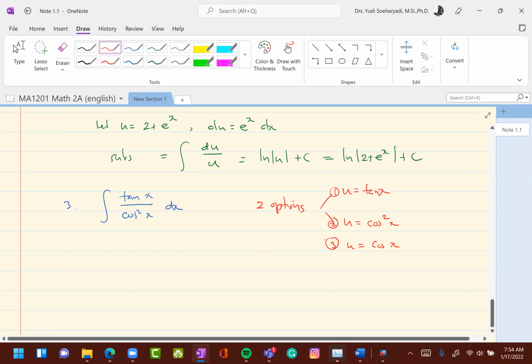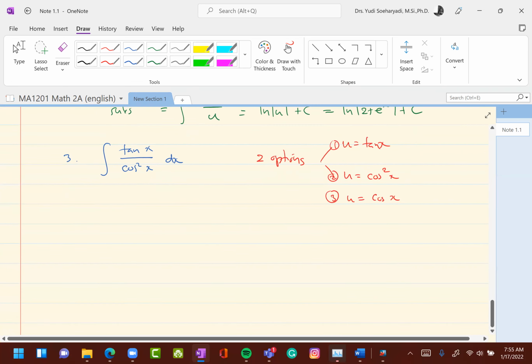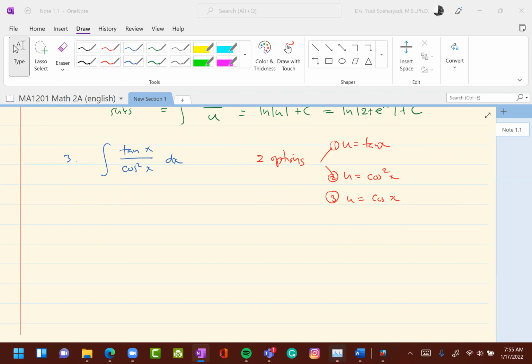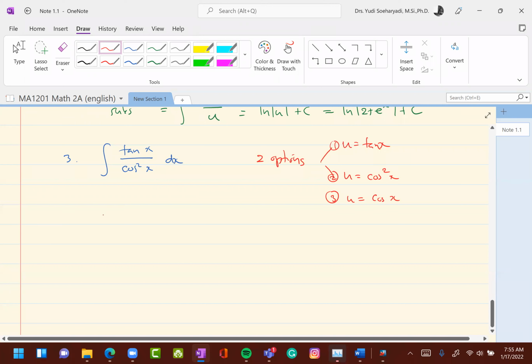So let's do this one here first. If you choose u equal cosine x, then du equals negative sine x dx.